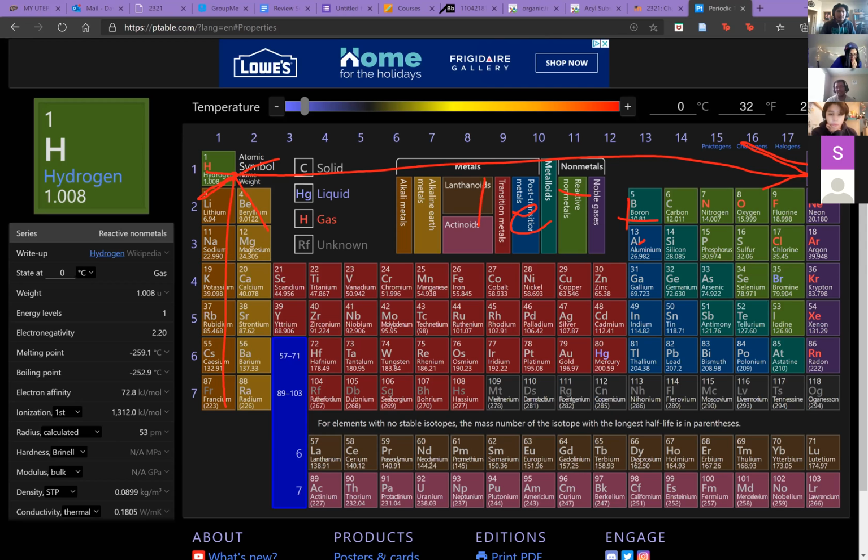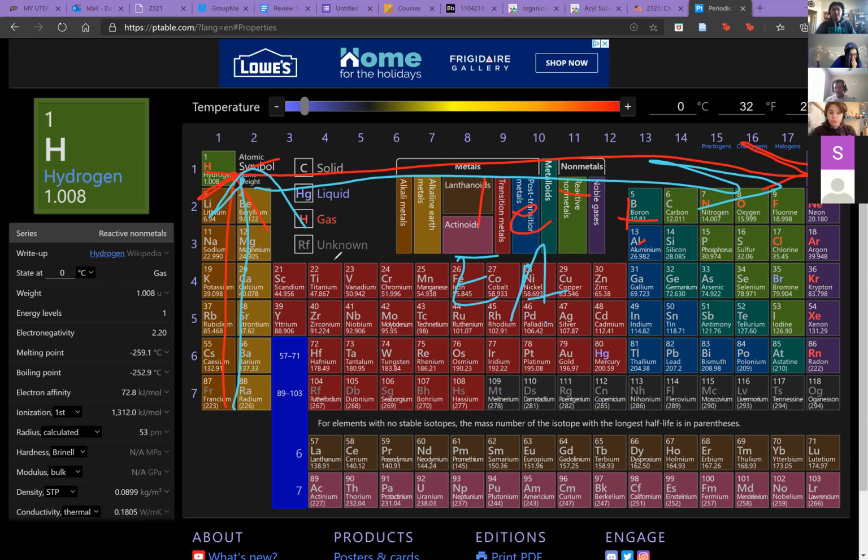Which one can get an electron the easiest? Fluorine. Fluorine, right? Since fluorine is the easiest to get electrons, it should also release the most amount of energy. Electron affinity.